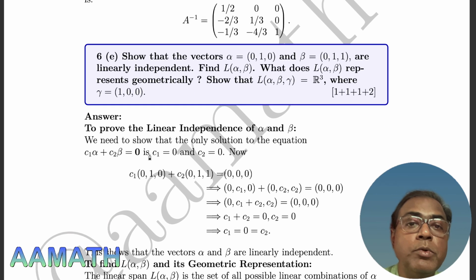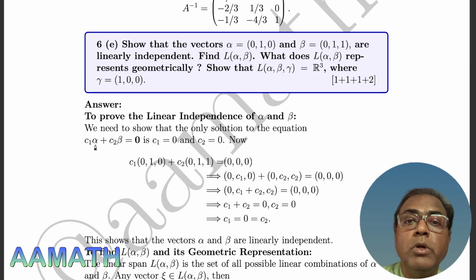Now to prove the linear independence of alpha and beta, first we write C1 alpha plus C2 beta equal to the null vector 0. For linear independence, we must have C1 equal to 0 and C2 equal to 0.